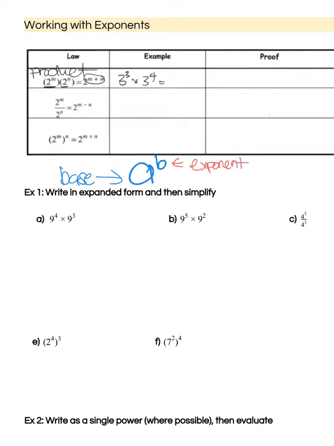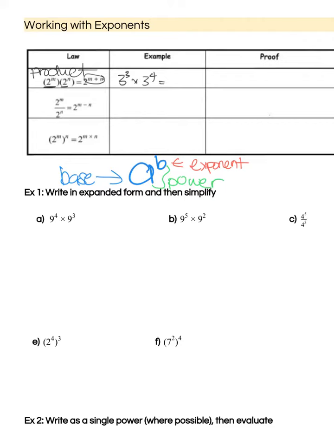Altogether, these things make what we call a power. So let's just go back over that quickly. The A, or my big number, like in my example, the big 3, that's in both of them, that's my base. The B, or like in my example, the little 3 and the little 4, those are my exponents. Everything all together, that makes my power.